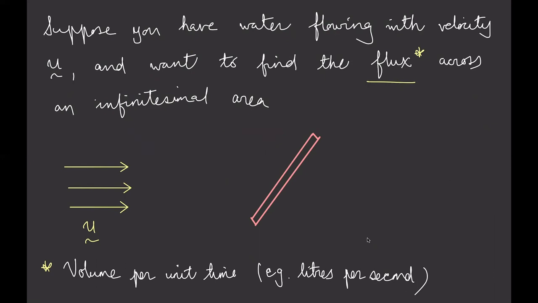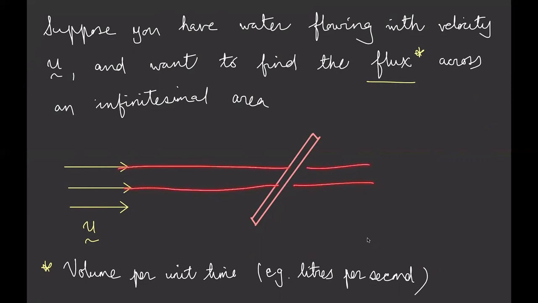Suppose you've got water flowing in this direction, just flowing like this with a velocity u. Let's suppose that's a constant, and we want to find the flux across an infinitesimal area. Think of this as a little picture frame, just the outer frame of the picture. I'm trying to figure out the amount of water which flows through this.